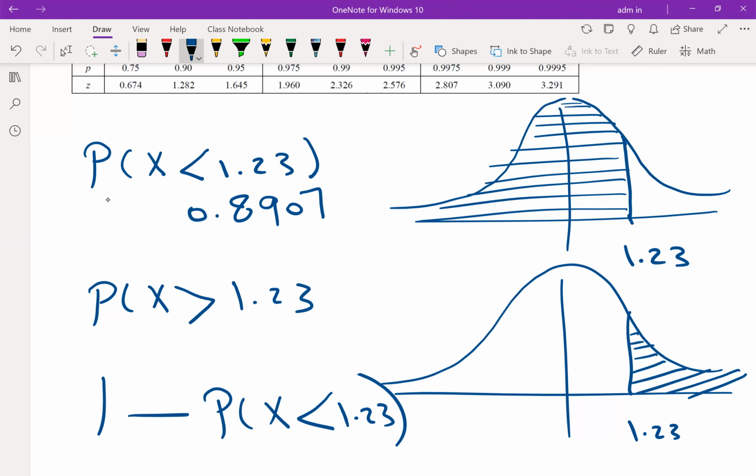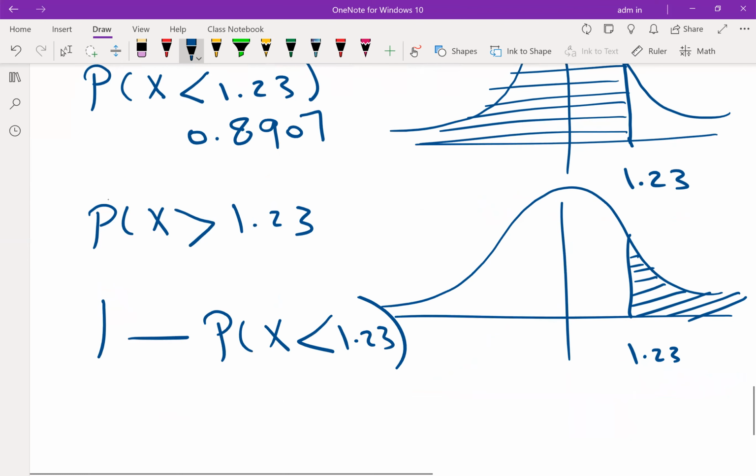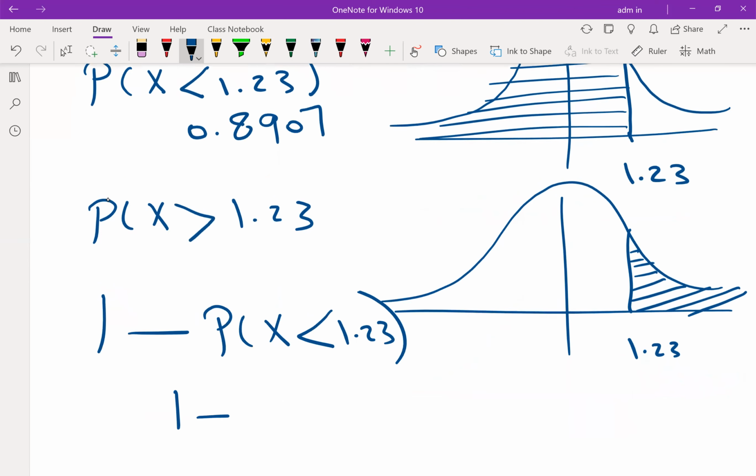If it is more than a positive value, it will be 1 minus your answer from the table. So the final answer will be 1 minus 0.8907. Clear?